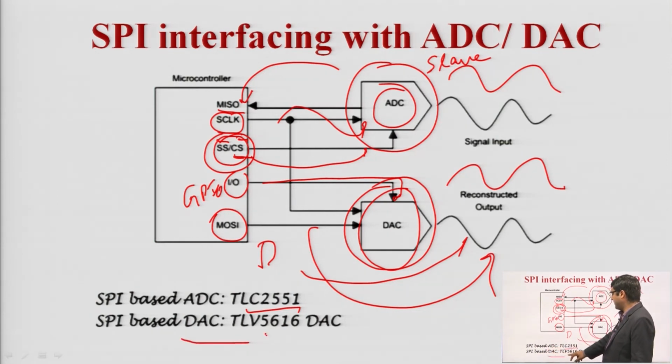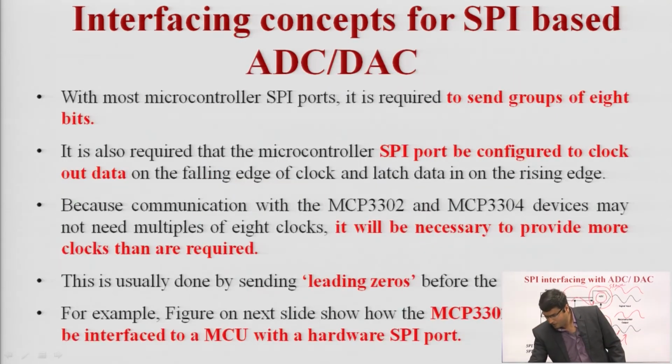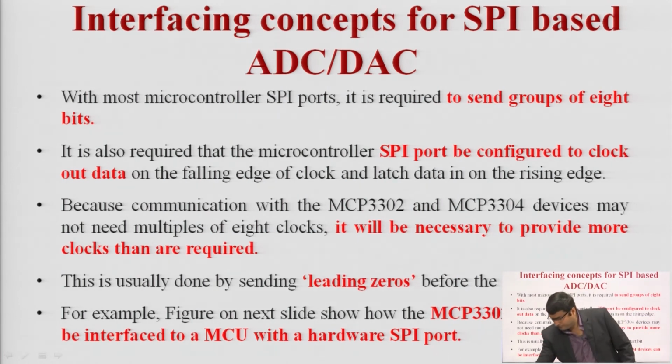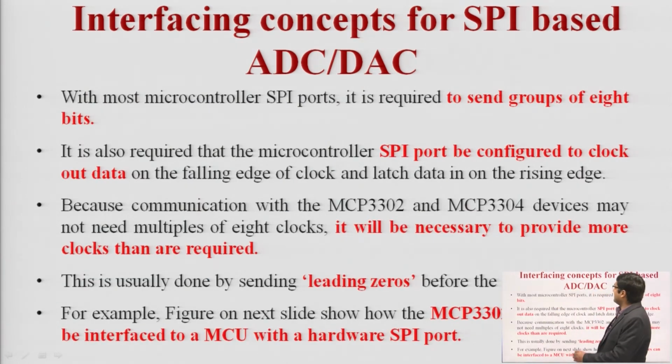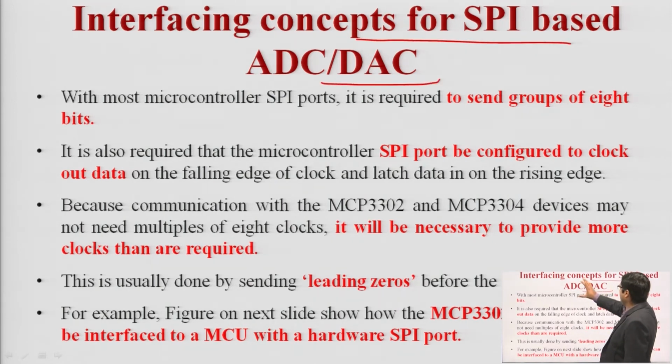An SPI based DAC available is the TLV5616 DAC. After that we will discuss the interfacing concepts. In our further Unit 1 lectures, we will discuss the interfacing of SPI with the ADC and DAC.